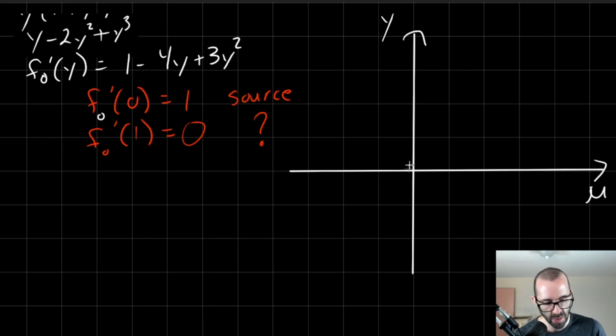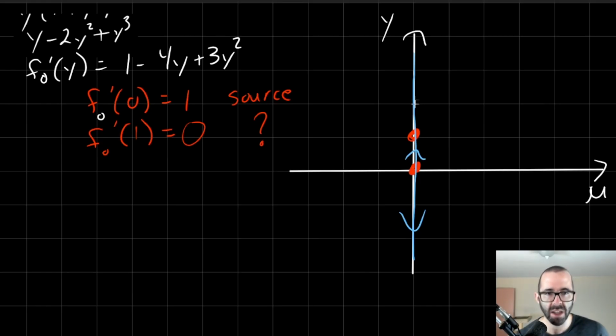There's an equilibrium at y equals 0 and y equals 1. And we're saying that when y equals 1, we might have some interesting things. We know y equals 0 is a source, so we know our phase line is going to look like this. We don't know what's happening with this other part yet.